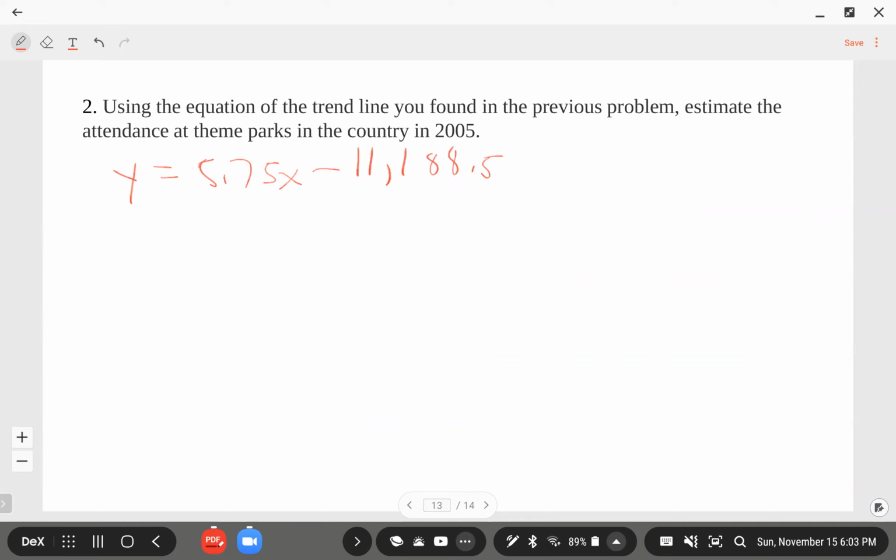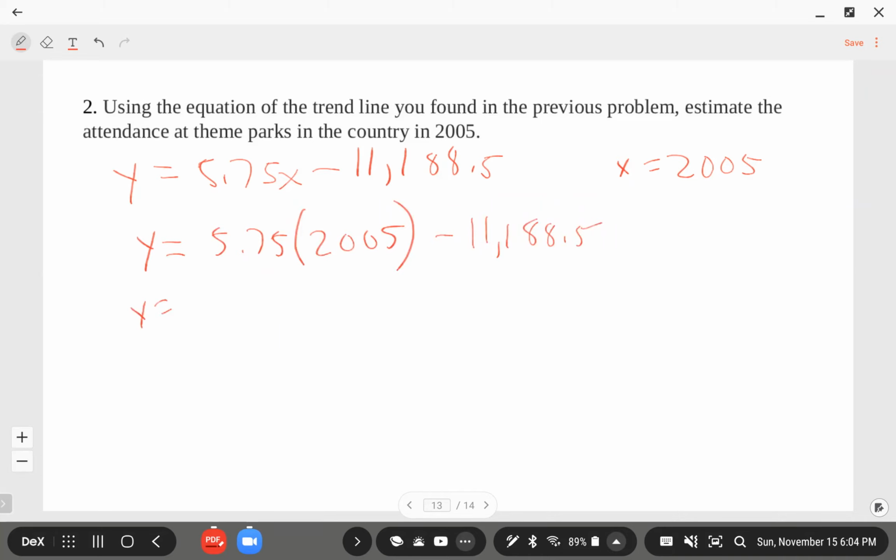Now, x should be the year, and y is going to be the attendance. X is the year, 2005. So to estimate the attendance, we're just going to plug in 2005 for x. Now, get your calculators out. Let's do this.